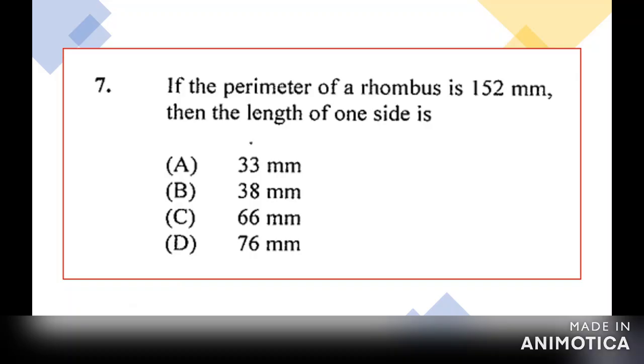So if the perimeter of the rhombus is 152, then the length of one side would be 38. Okay, so the length would be 38 for one side because you're dividing it by 4.